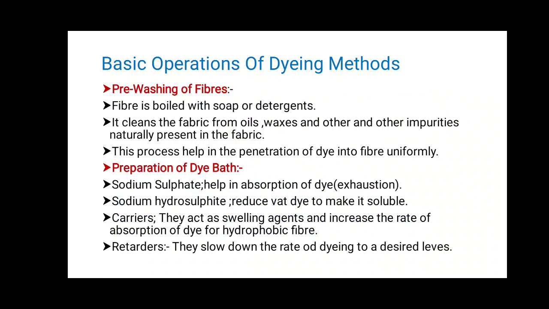The fiber used in the dyeing process is boiled with soap or detergent powder. It cleans the fabric from the oil, waxes and other impurities naturally present in that fabric. This process helps in the penetration of dye into the fiber uniformly.